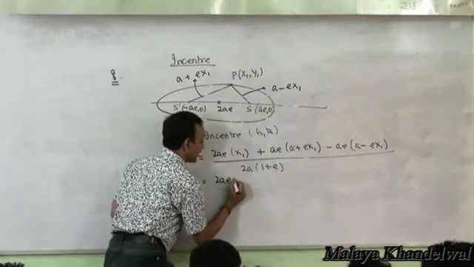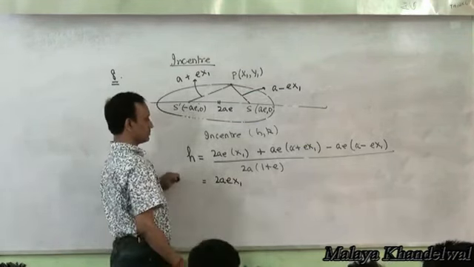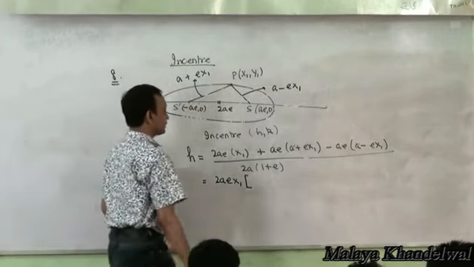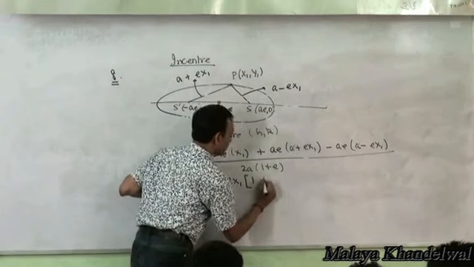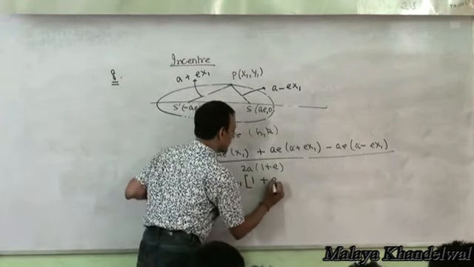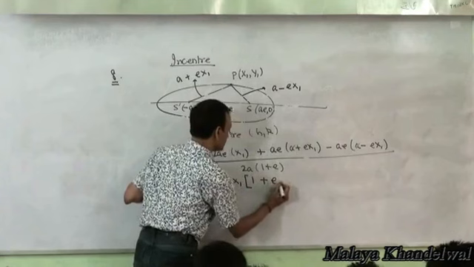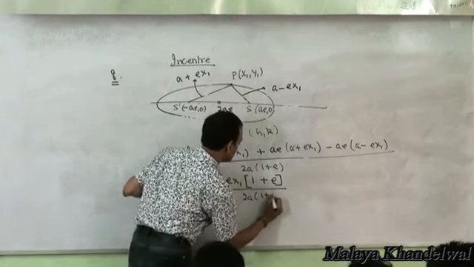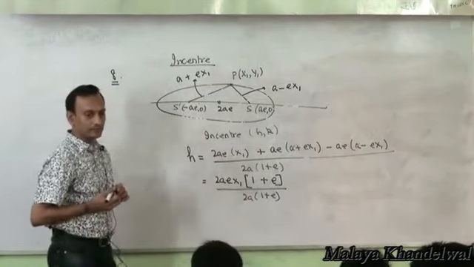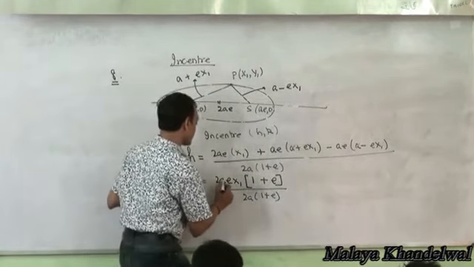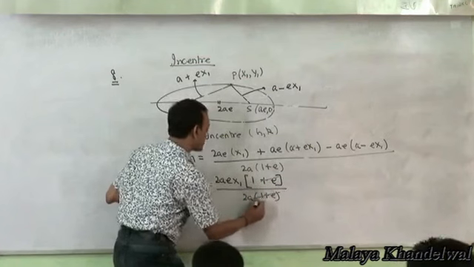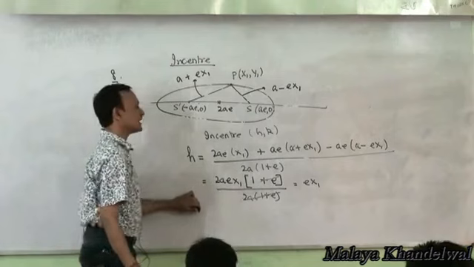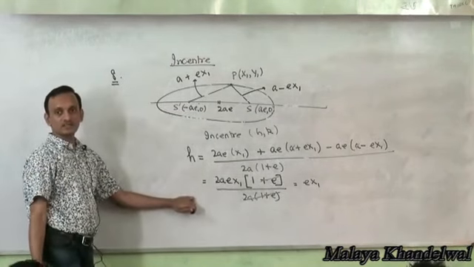So 2ae x1 if I took common, I get within the parenthesis 1 plus e, divided by 2a into 1 plus e, right? This is what I get. So 2a into 1 plus e gets cancelled. So that's like a e x1. The x coordinate of the incenter is ex1.